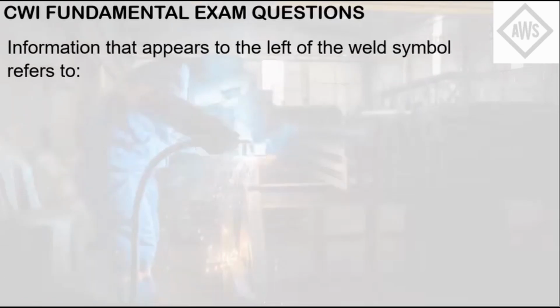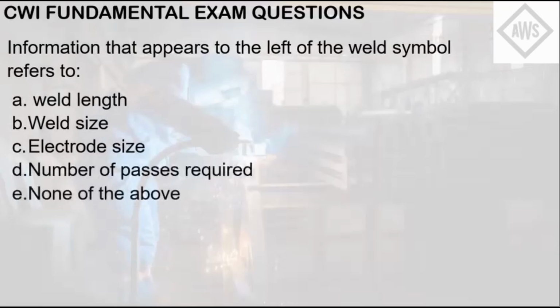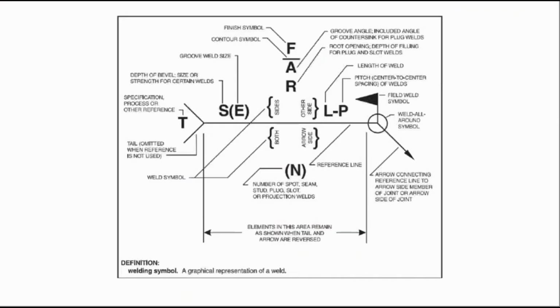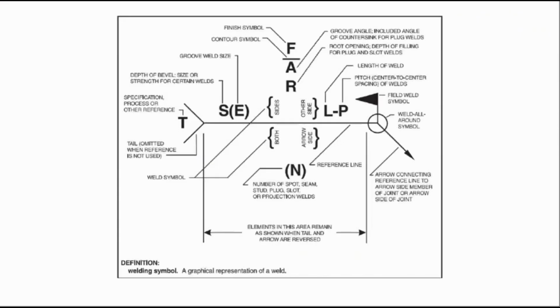Information that appears to the left of the weld symbol refers to letter A, weld length, letter B, weld size, letter C, electrode size, letter D, number of passes required, letter E, none of the above. So this question can be best explained as well with the diagram here. The information that appears left of the weld symbol. Again, this is the weld symbol on the center of the welding symbol.